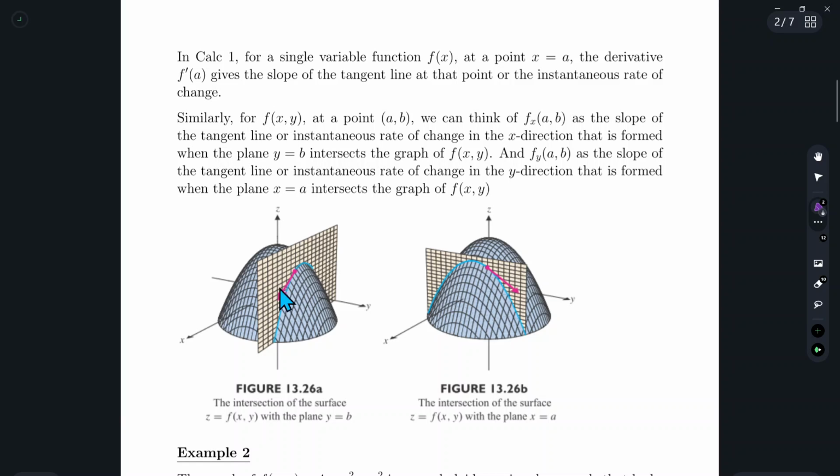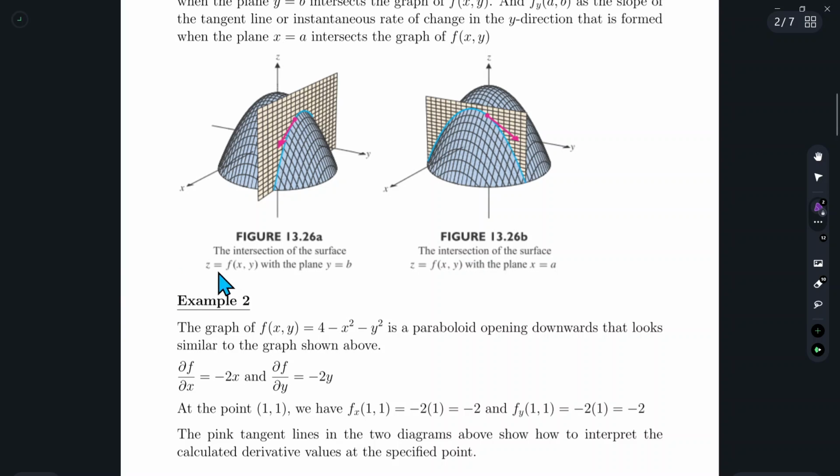Basically, with a cross-section parallel to the x-axis or to the y-axis, you can think of the partial derivatives as slopes of tangent lines or instantaneous rates of change, similar to how we did for single variable functions.